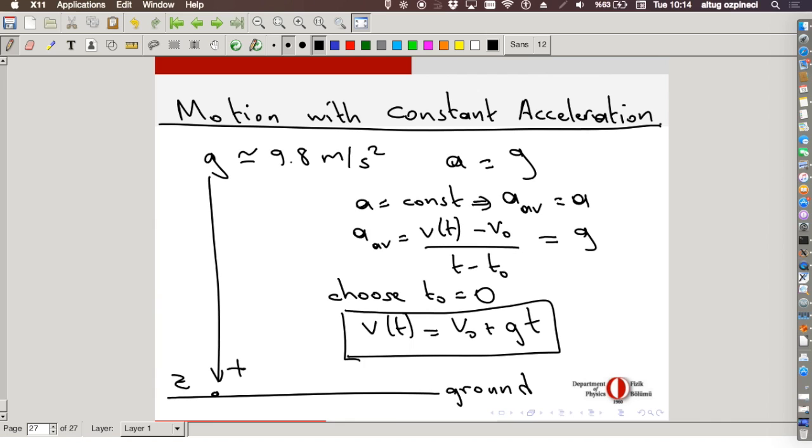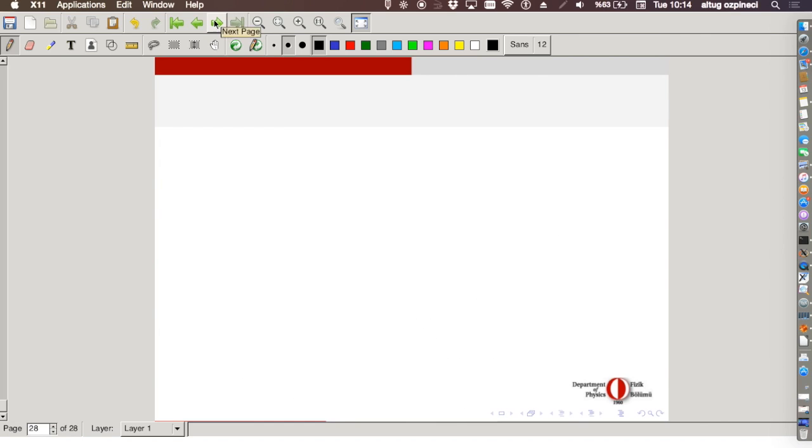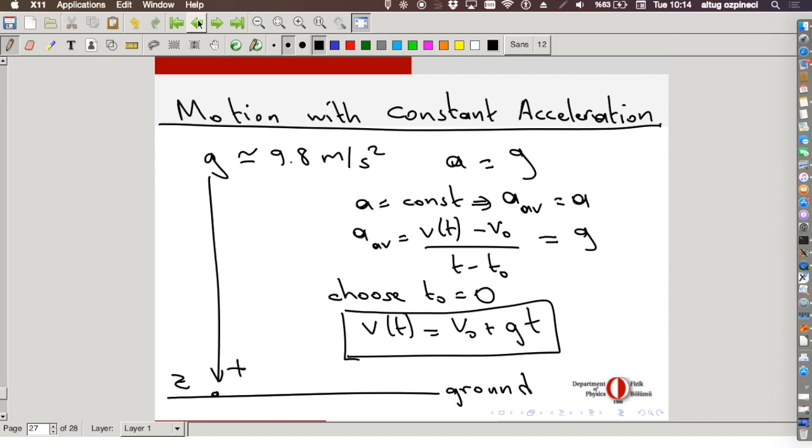Now let us assume that I have this object, I'm just throwing it up. Of course, in one dimension, not 2 or 3 dimensions. What was the initial velocity? Let's say that initial speed was 5 meters per second upwards. So we have to write the initial velocity. Minus or plus?